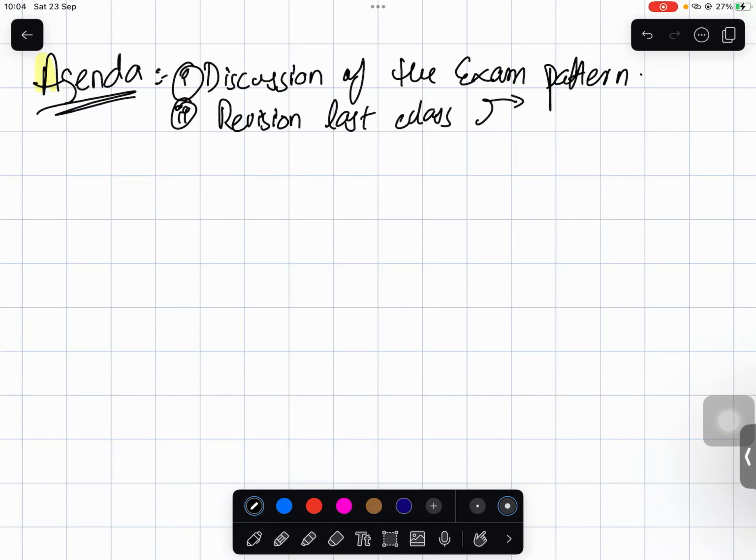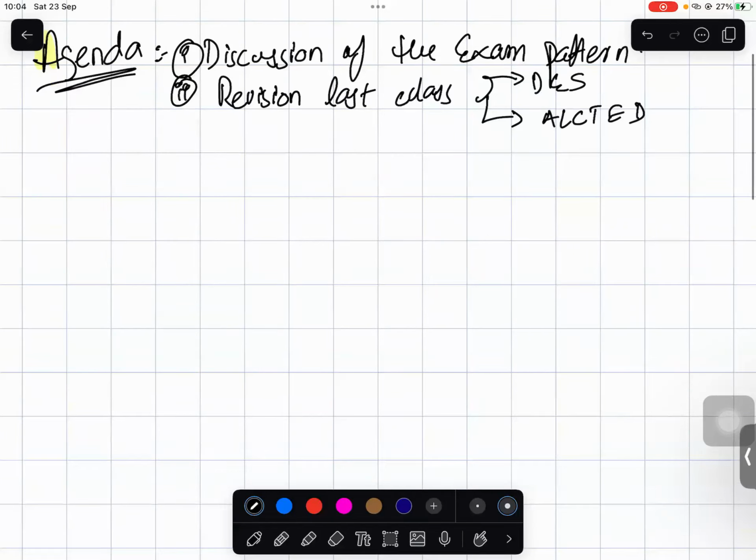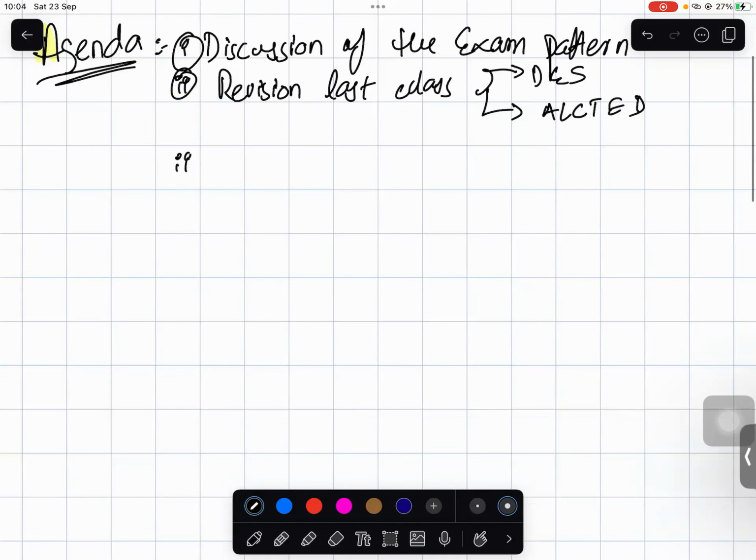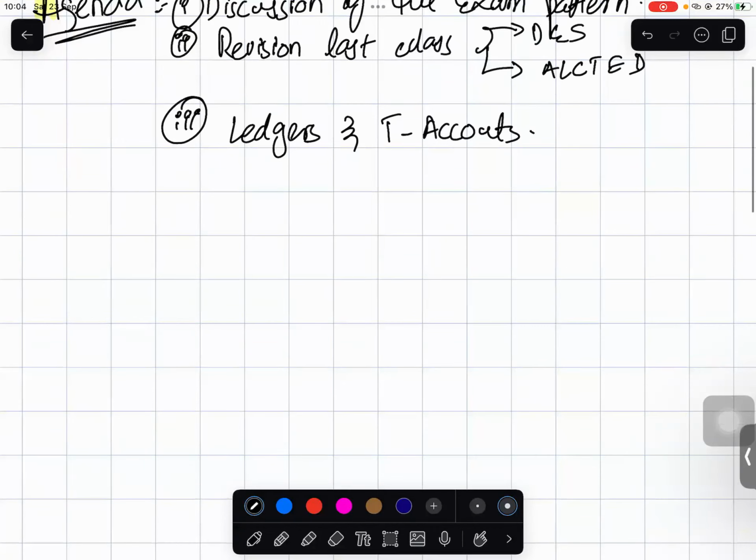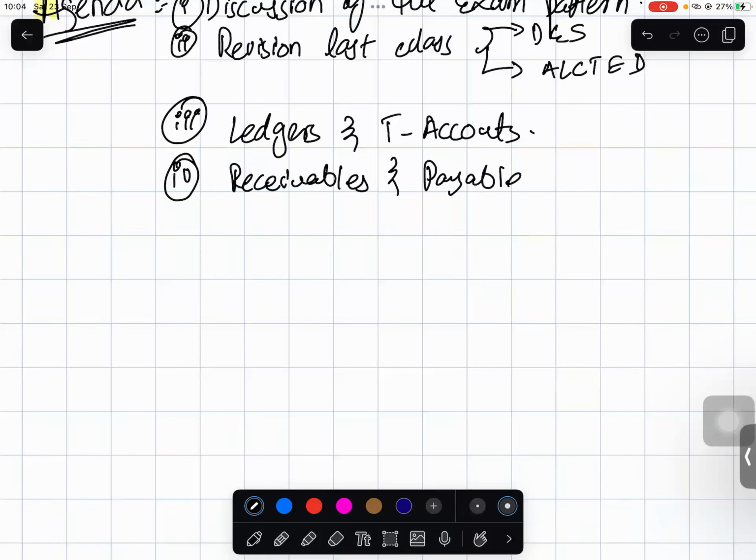We have discussed the double entry system, and we'll also discuss the treatment of things, to which we'll try to get into ledgers and T accounts, and then if we find the time, we'll get into receivables and payables.